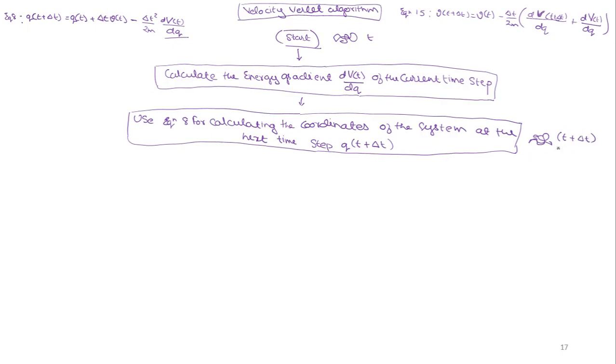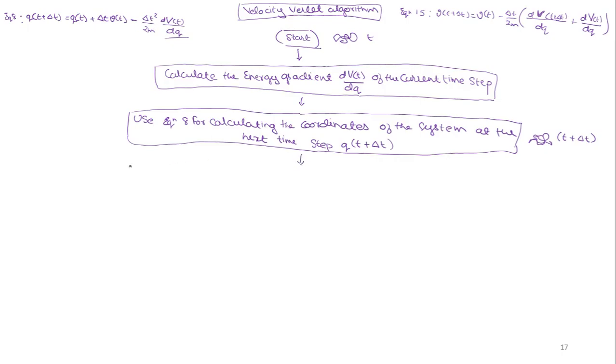When your system reaches t plus delta t, you already know the energy gradient and the conformation of the previous time step, and if you know the velocity of the previous time step, you can calculate the position of atoms in your next time step using equation 8. So at the end of equation 8 we have the new conformation of our protein.